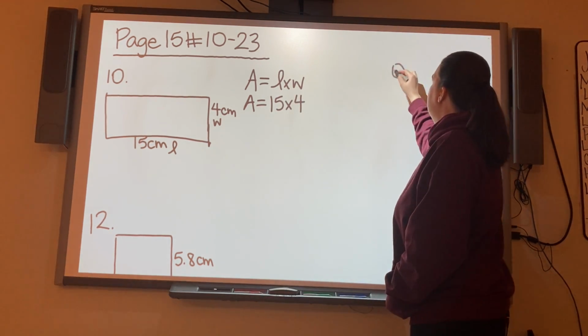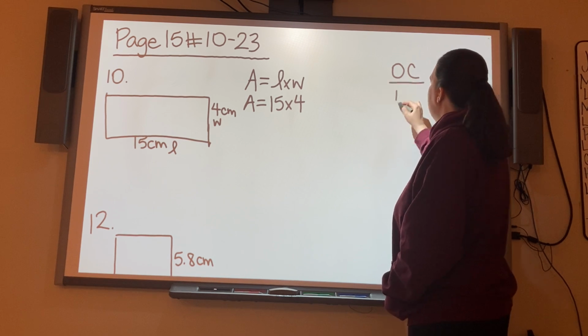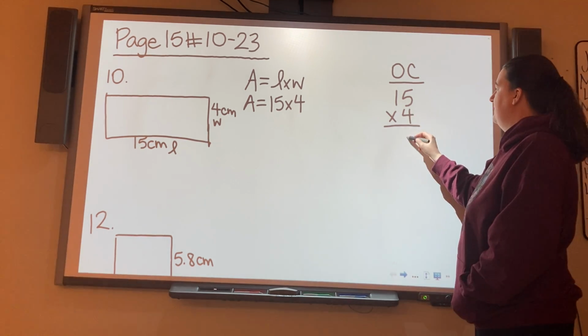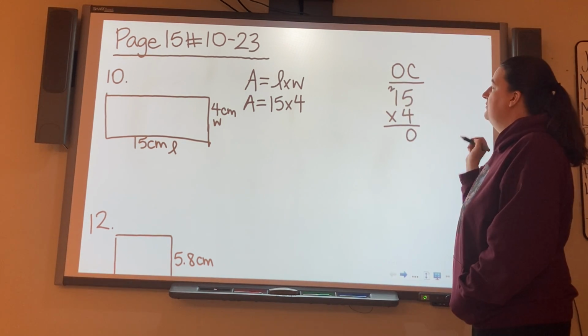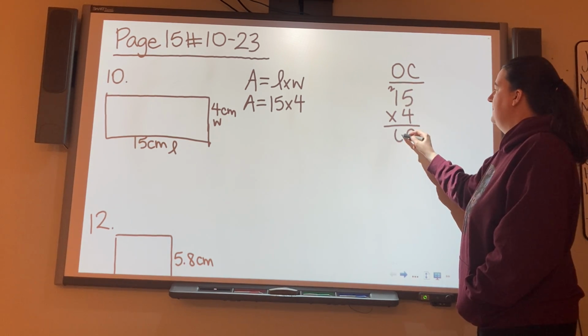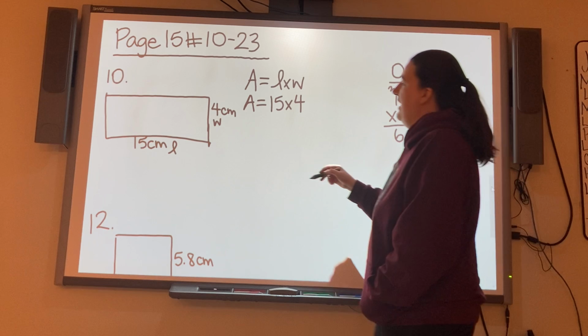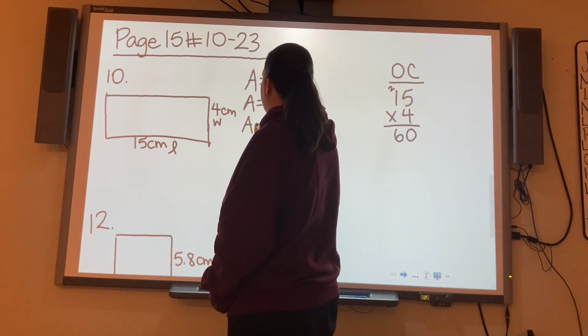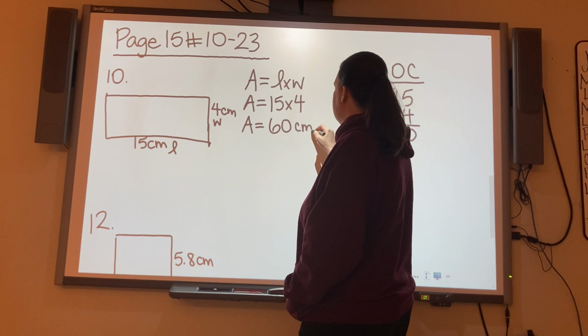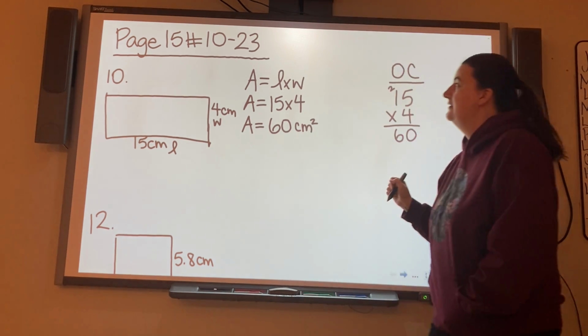Pop over to your outside calculations, take your 15, multiply it by 4. So 4 times 5 is 20, carry your 2. 4 times 1 is 4, plus 2 is 6. So the area of my rectangle is 60 centimeters squared.